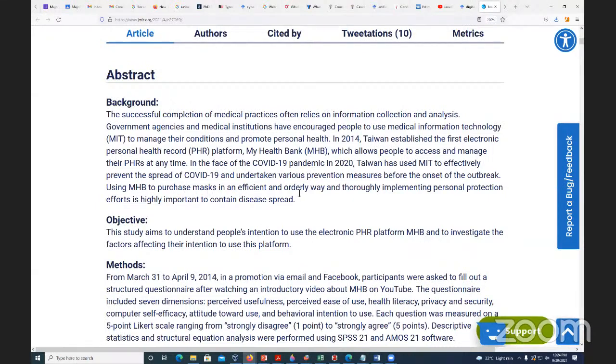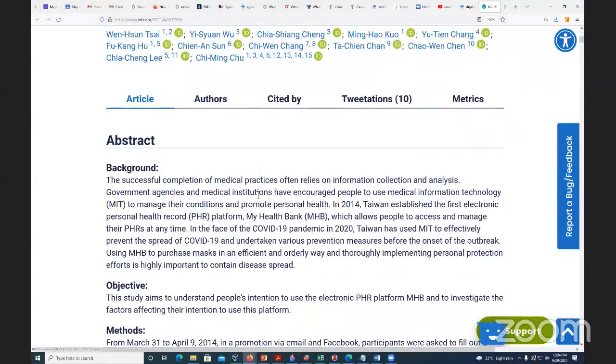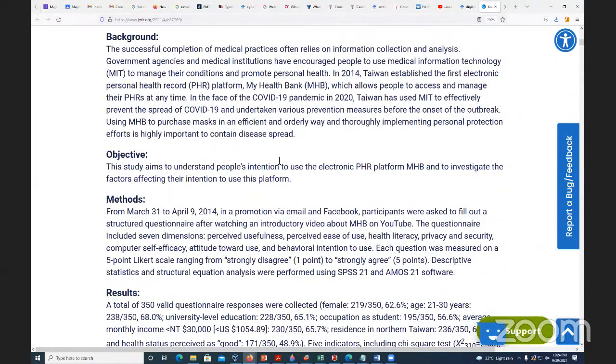Oh, interesting. So they already had a personal health platform in Taiwan in 2014.